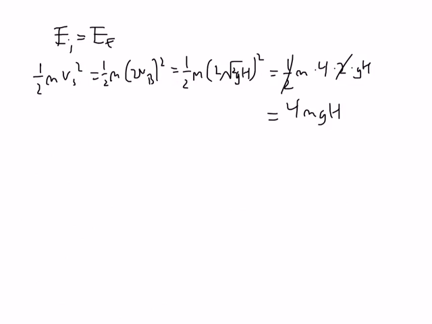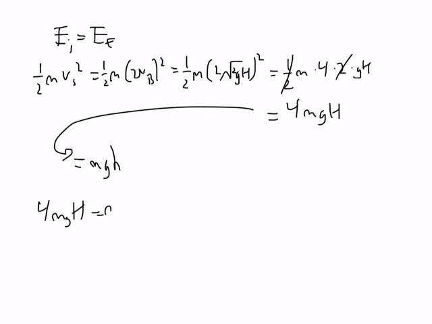And so that must equal our final gravitational potential energy, which is mgh, where little h is our unknown new height that it rises to. Right? And so we have 4mg capital H equals mg little h, the mg's cancel, and little h equals 4 capital H. Right, so it rises 4 times higher than you initially dropped it from under these conditions. And that's the whole problem.